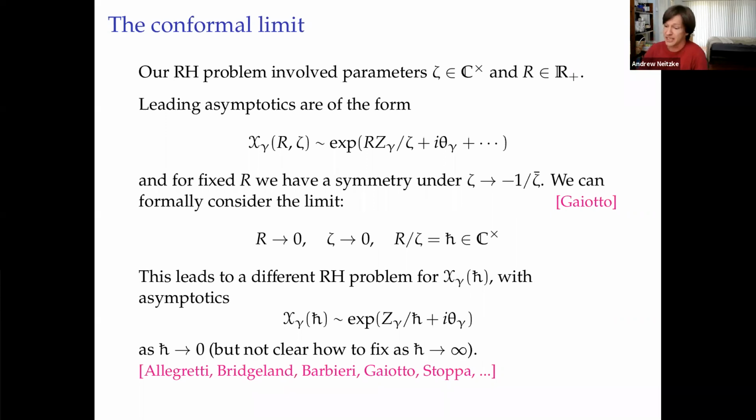In simple examples like this A1, A2 example, you can actually impose a condition that the function just go to constants at infinity. So that's a kind of simplified Riemann-Hilbert problem, which you can also try to solve.